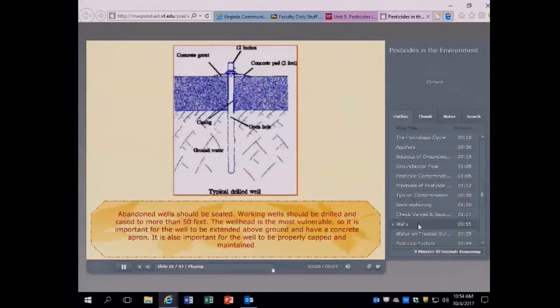The wellhead's the most vulnerable part of the well, and it's important that it be extended above ground and have a concrete apron, and it's important for the well to be properly capped and maintained. Again, I would contact local health department authorities and other sources for this information, including some of the water authorities, on determining how to protect your well.